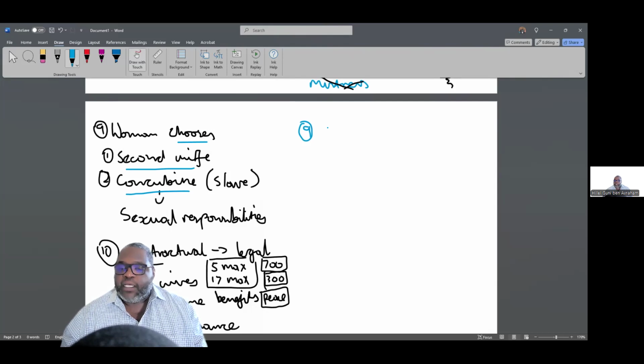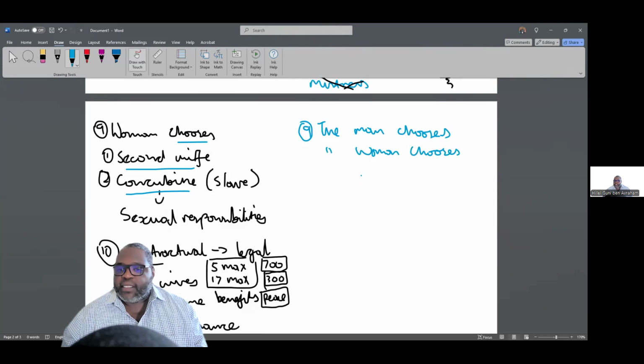In polyamory in the West, the man chooses his mistress, and also the woman chooses her lover. So it's two people who look at each other and they're like, we want to have something going on.